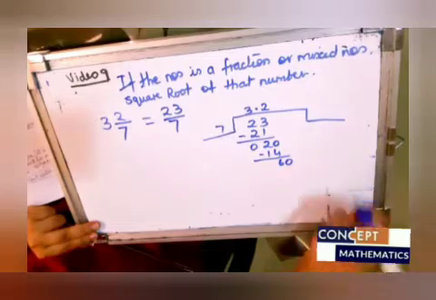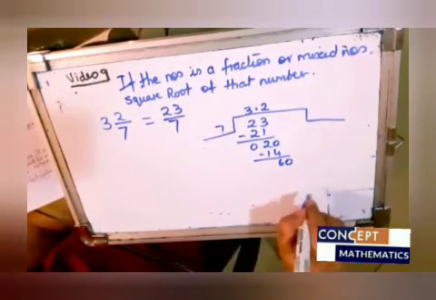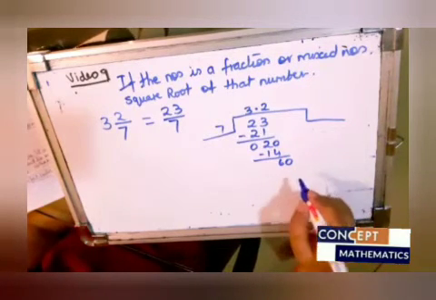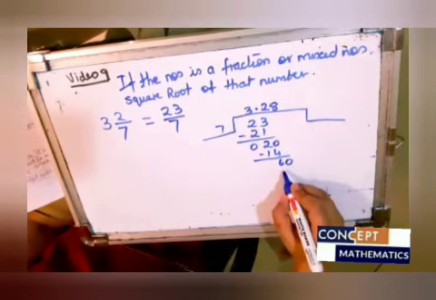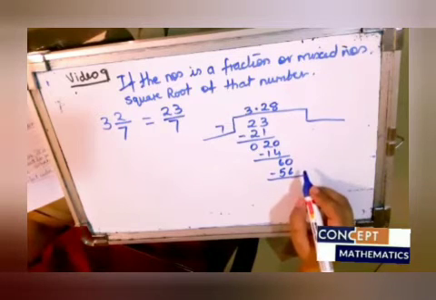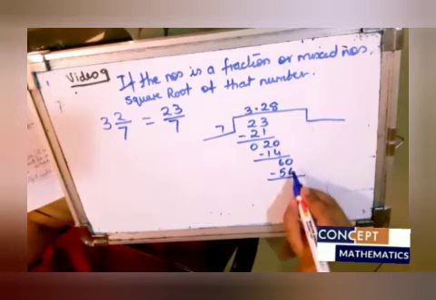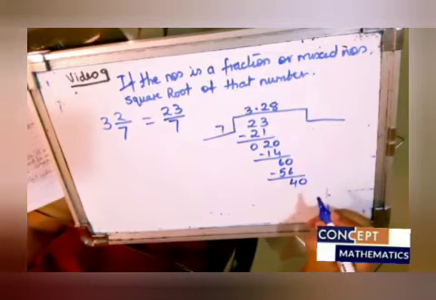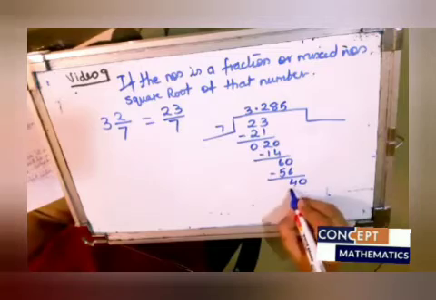Again you will add a 0 because you have started taking decimals, it is understood that you will go on taking zeros in order to divide the sum further. So 8 7s is 56. 10 minus 6 is 4. Then again you will bring down 40. So 7 5s is 35.